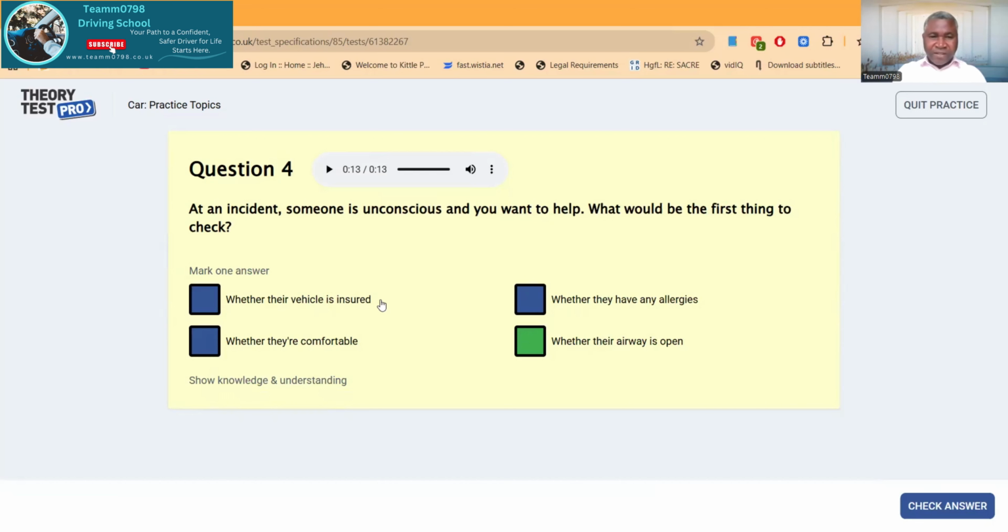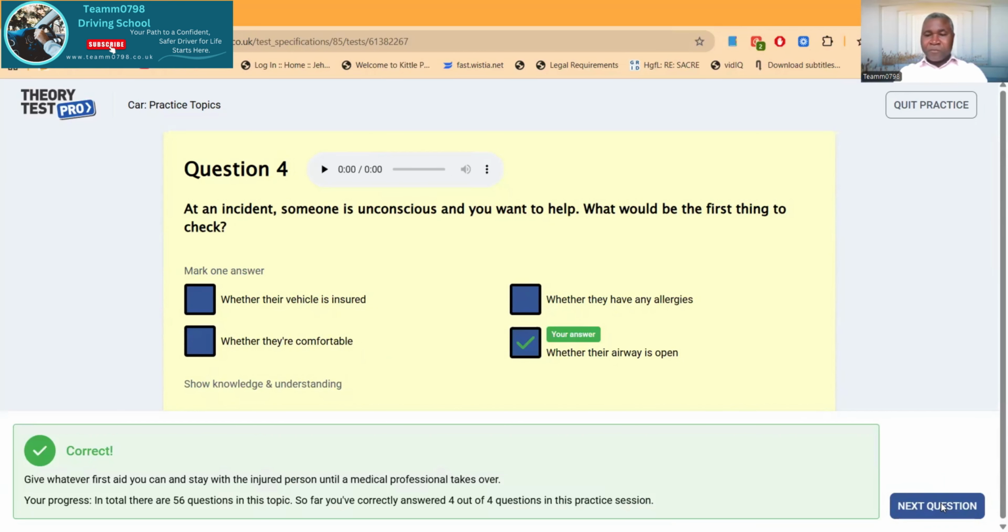Vehicle insurance is none of our business. The casualty is the most important person, and we want to make sure they are fine. Allergies are not important. Comfortable is a good answer, but the most important answer here is that their airway is clear.